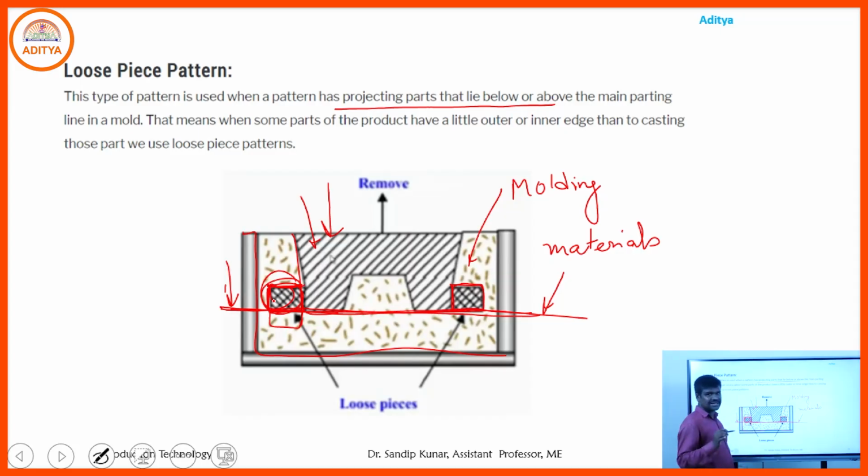That loose piece pattern will be used for preparing maybe the outer shape or maybe the inner shape in that particular product.